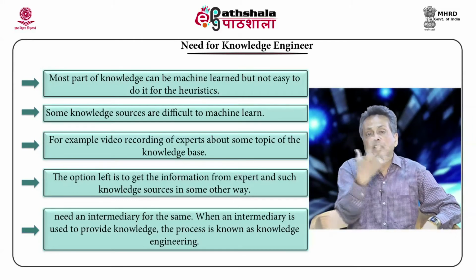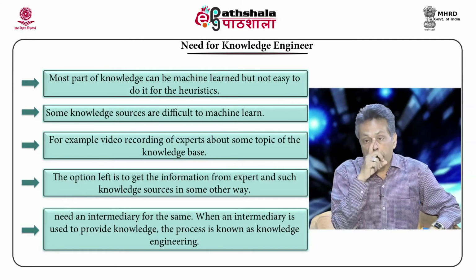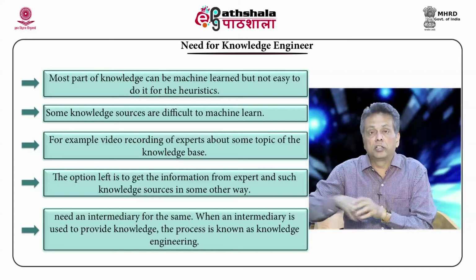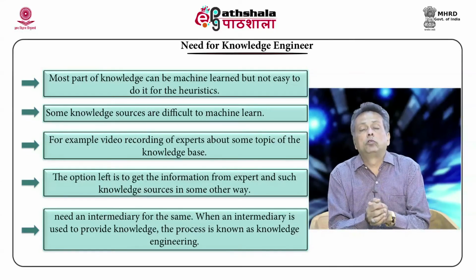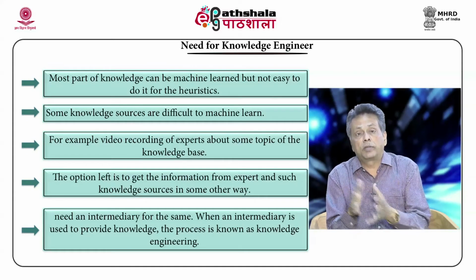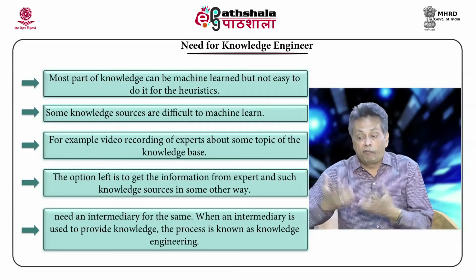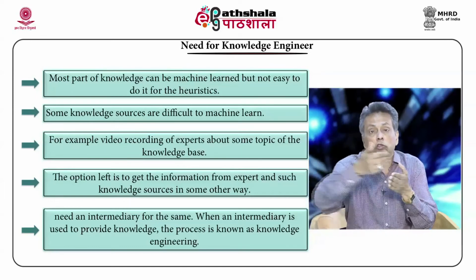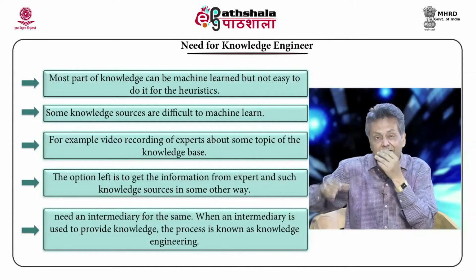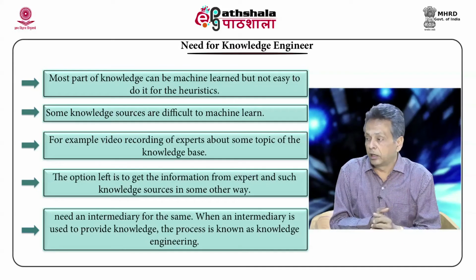And what does he do? He will elicit knowledge from the expert, figure out where this thing is to be placed, convert the rules that the expert provides into the form that is possible to be inserted in the system, and find out missing pieces and ask for those missing pieces and place them. So, that is the job of a knowledge engineer, which is pretty hard.